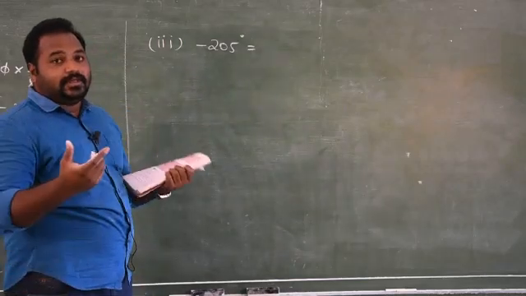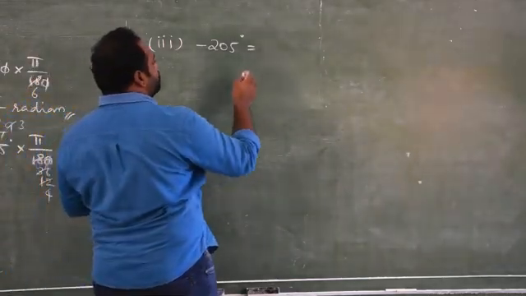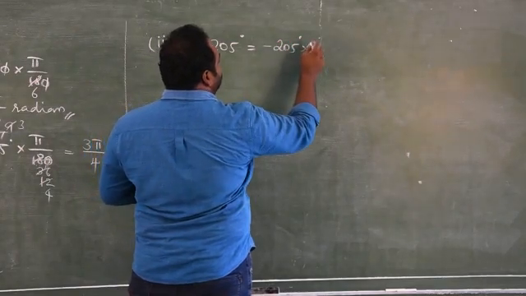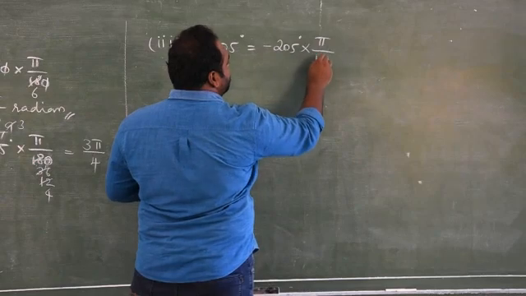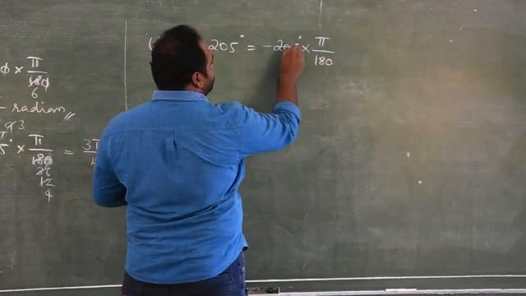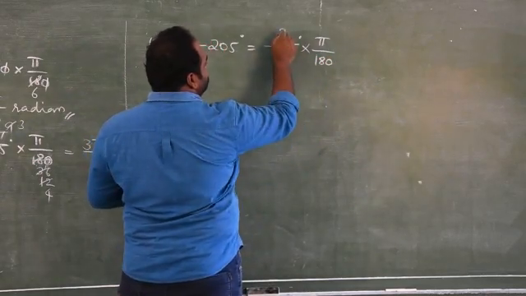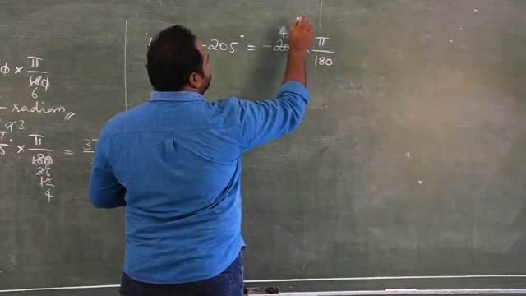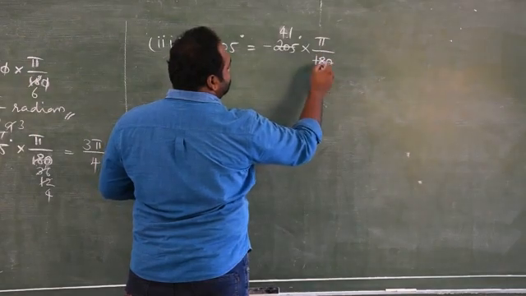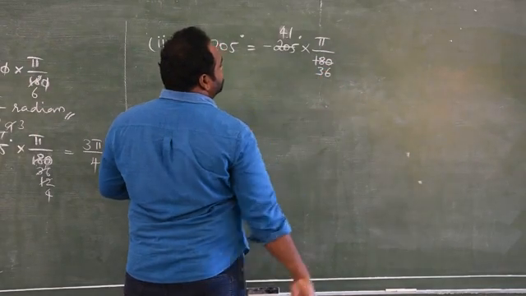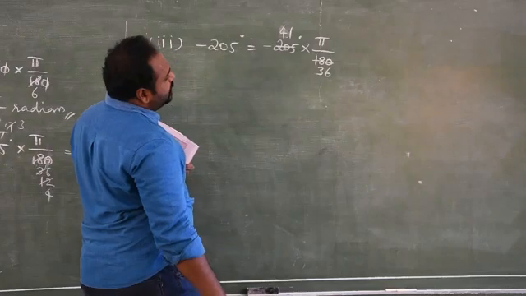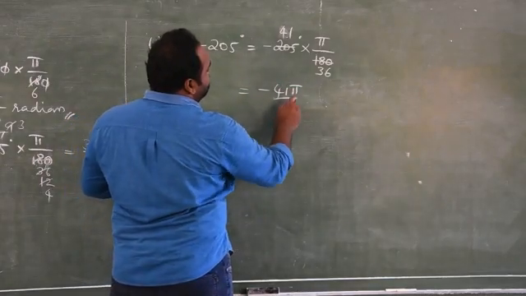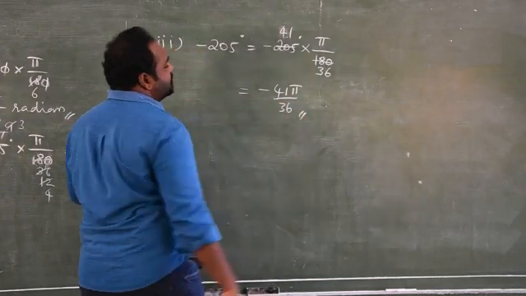Whatever sign you have, you have to put minus. 205 degree into pi by 180. So here 5 table, 4 times, 1 time here, 36 times. Here there is no cancellation hereafter, so keep it as it is, minus 41 pi by 36.